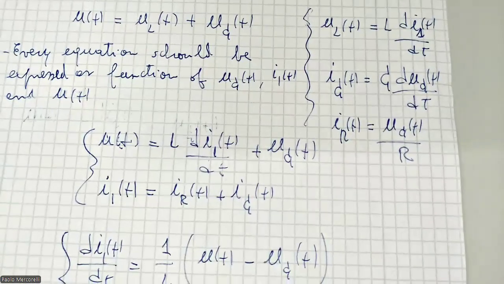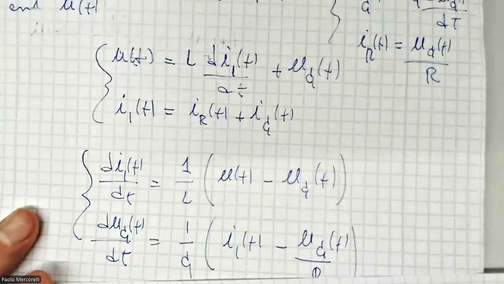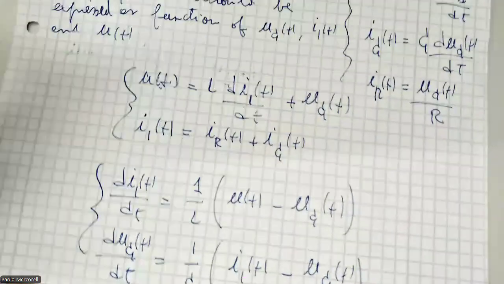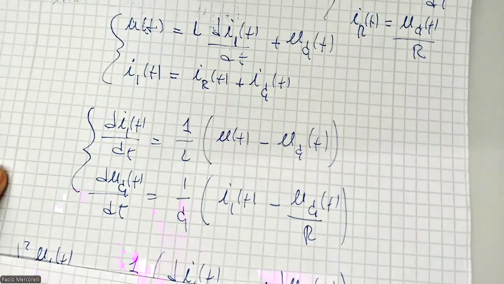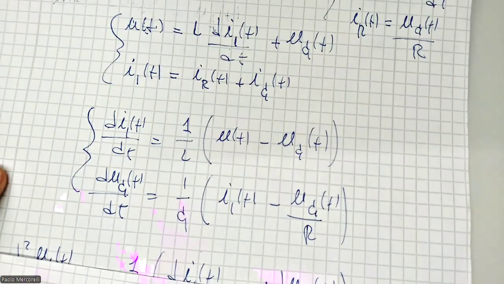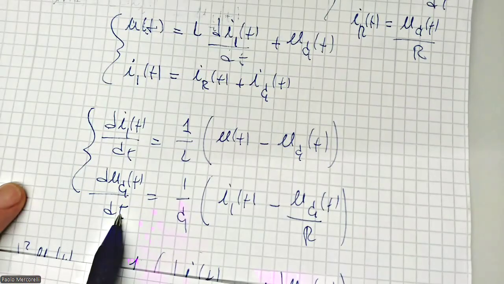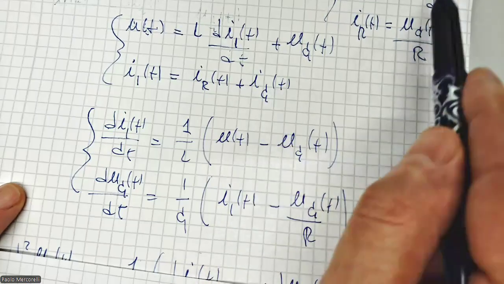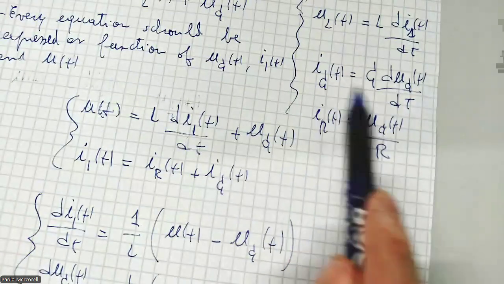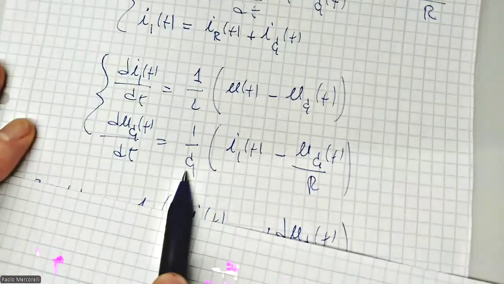It's a little bit written very fast, but we can see what I intend. C multiplied by dUC with respect to the time is basically here because of this position. I divide by C, what?